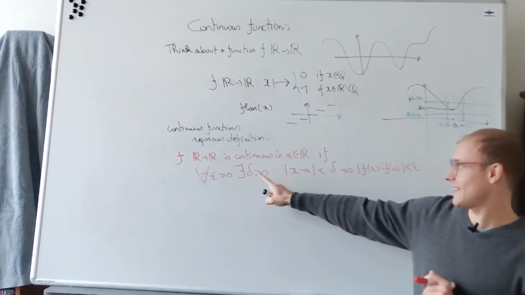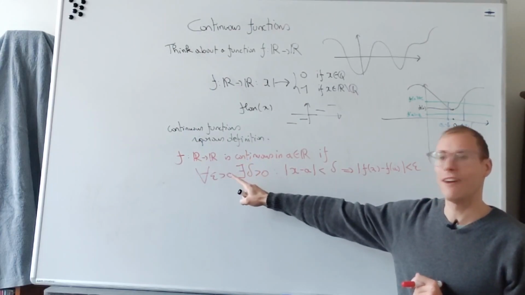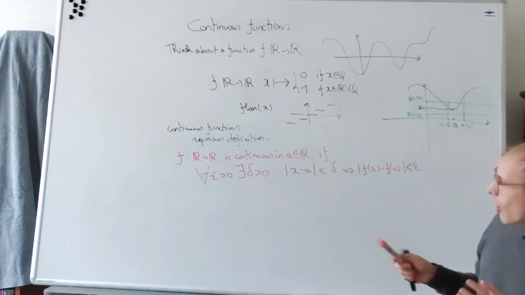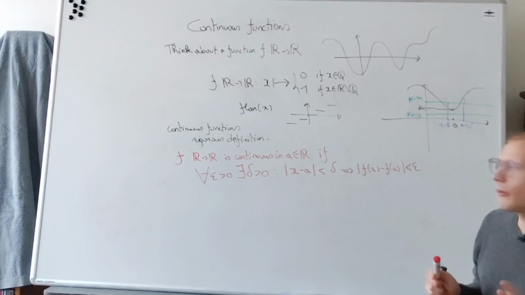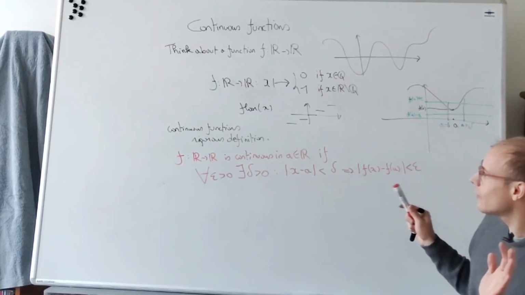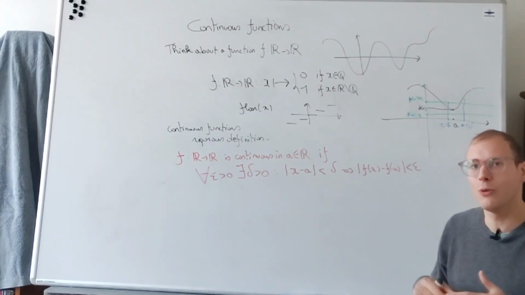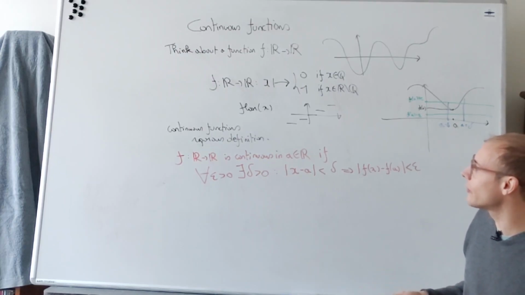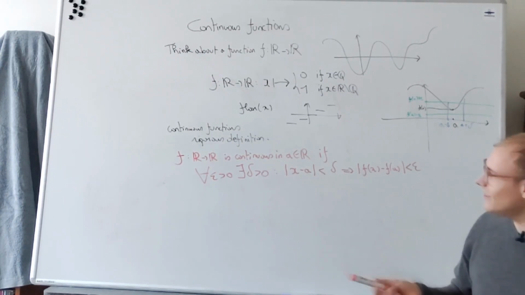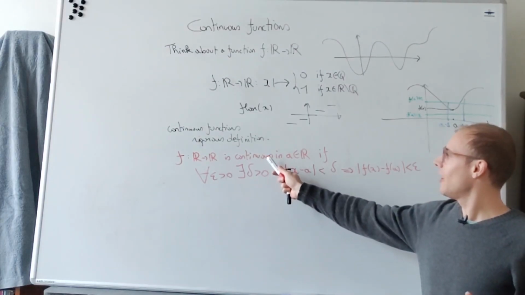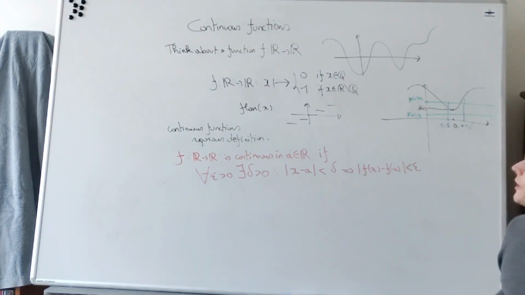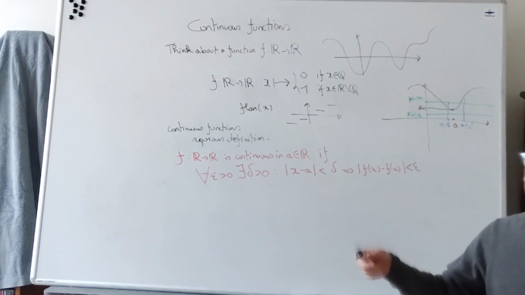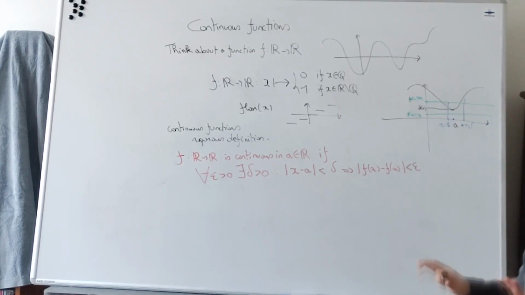By the way, this is something I specifically defined for functions from the real numbers to the real numbers. You can define what it means for a function to be continuous in any metric spaces X and Y, whatever that means, just to say that we will actually look at continuous functions from R^n to R^m, but it's not necessary to actually define it.